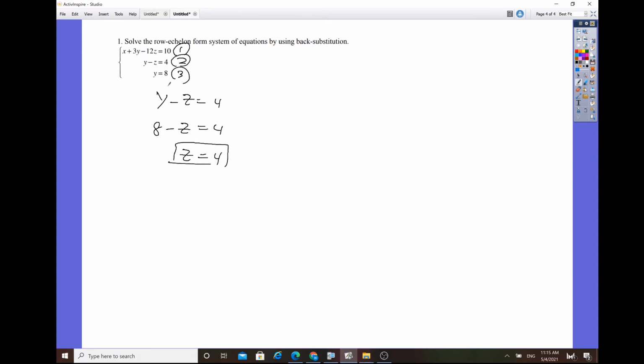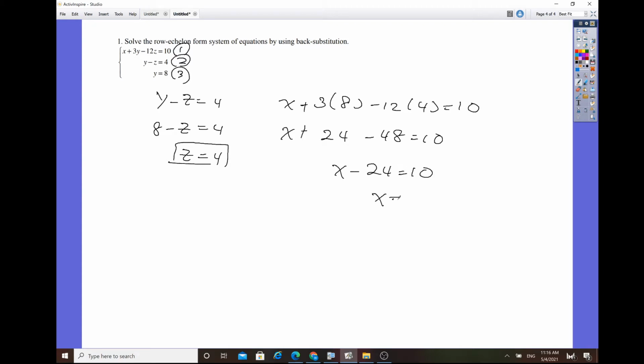We solved for y, solved for z, so now we can solve for x. So x plus 3y, so x plus 3 times 8, and then minus 12 times 4, equals 10. Then 24, and this one here, 48, so that equals 10. Combine the like terms, so x minus 24 equals 10, so x equals 34.